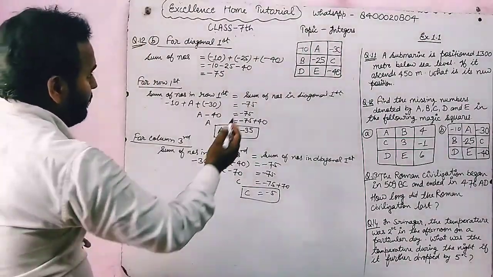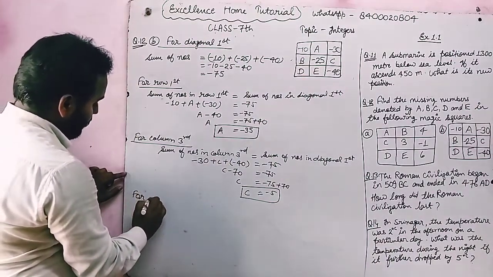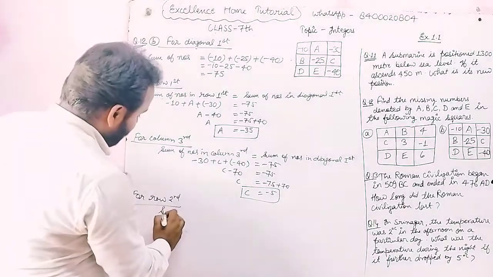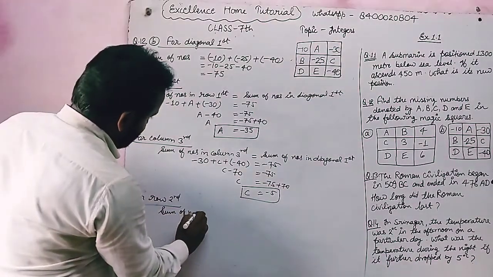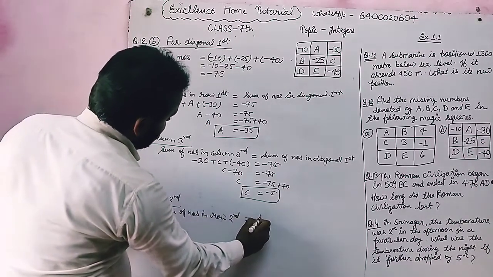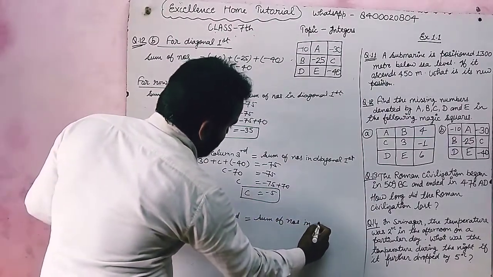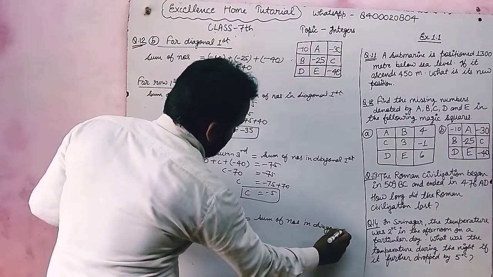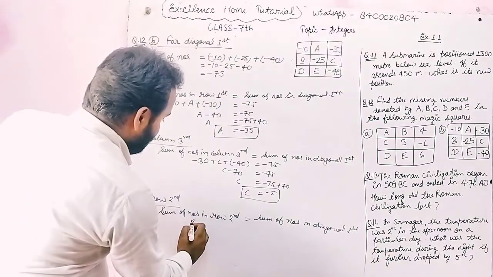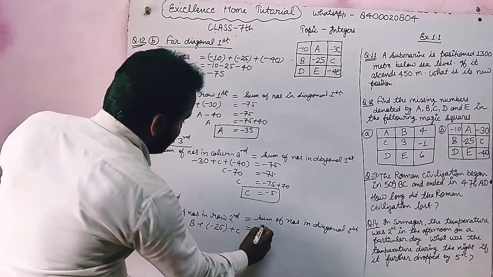After that, for row second, the sum of numbers in row second equals the sum of numbers in diagonal first. So there is B plus minus 25 plus C equals minus 75.